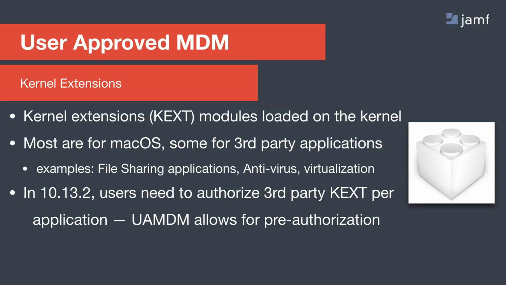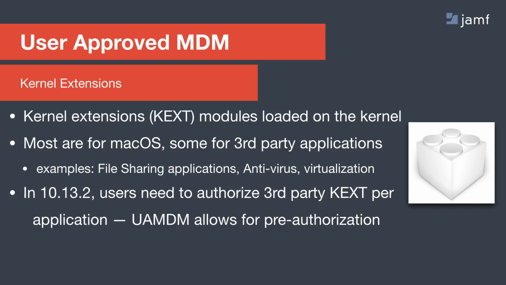All right, so like I mentioned before, really the only piece of management that user-approved MDM requires is the whitelisting of third-party kernel extensions. Most of the kernel extensions that you might see on a computer are installed with the operating system, but there are a few that can be installed through a third-party application, such as file sharing applications like Dropbox, antivirus applications, different virtualization apps for the Mac.